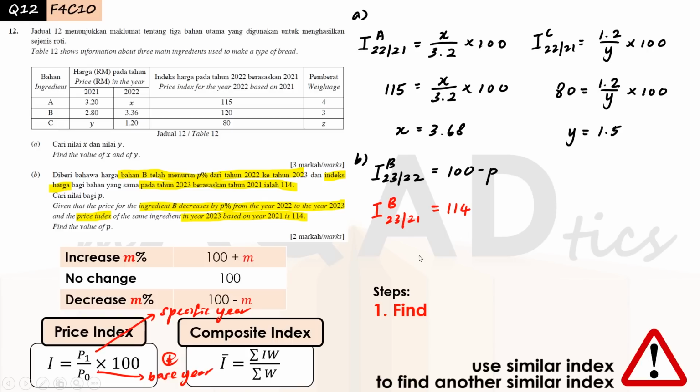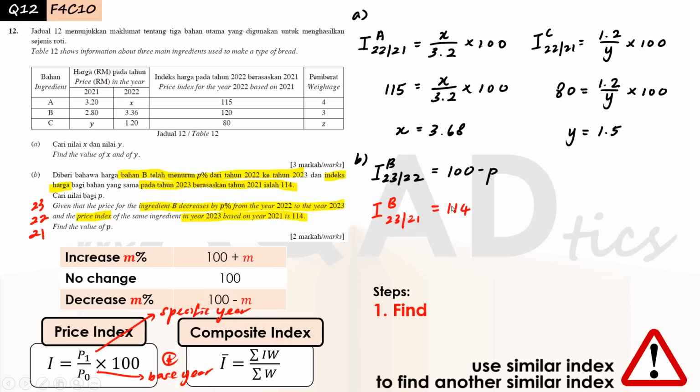The first step is to find two similar price indices according to the years stated here. The years stated here are 2023, 2022, and 2021. So we need to find two similar price indices which focus on ingredient B to find out this value.